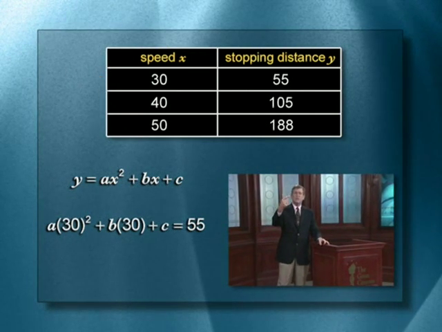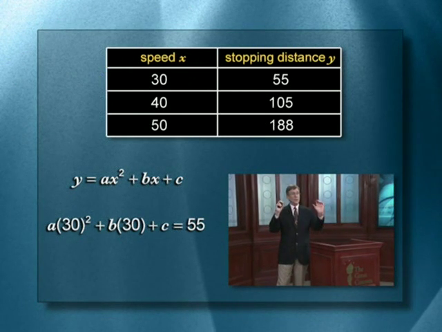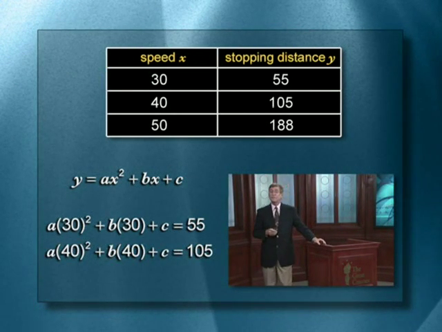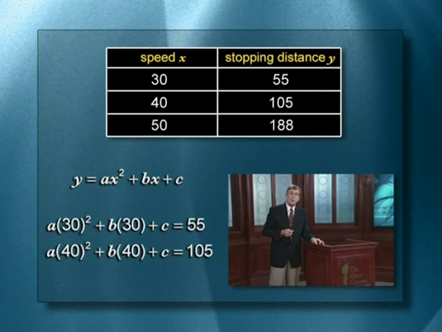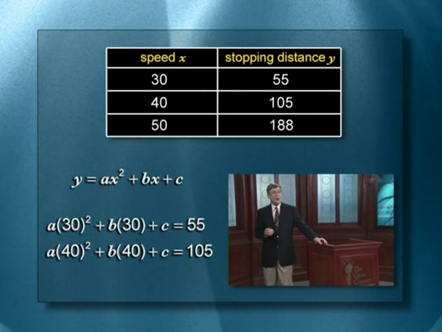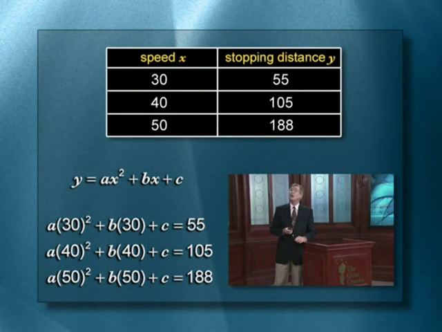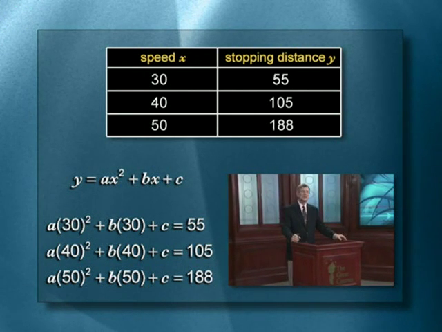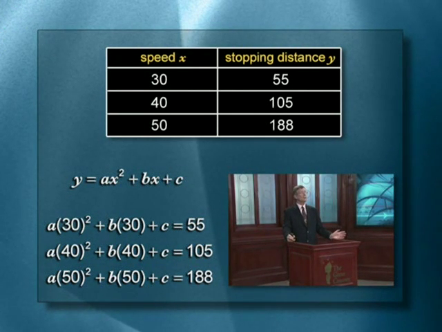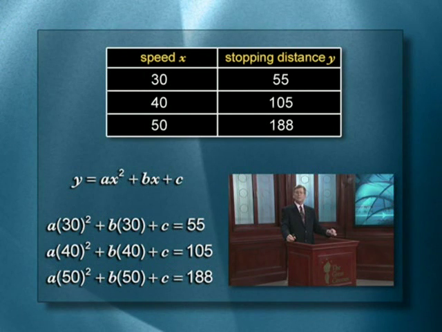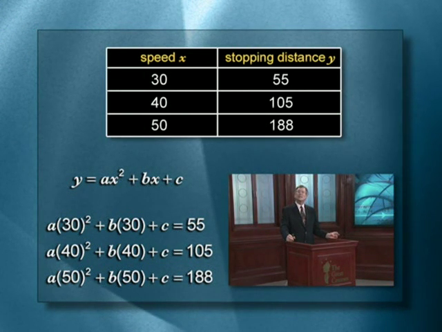And then you plug in the second and third equations, you get a times 40 squared plus b times 40 plus c equals 105, and finally a times 50 squared plus b times 50 plus c equals 188. So we have 3 equations, 3 unknowns.